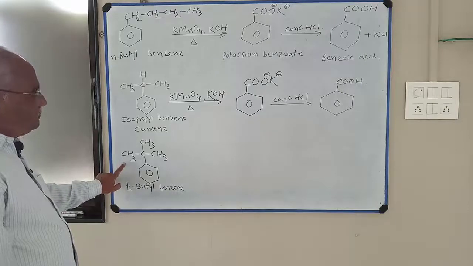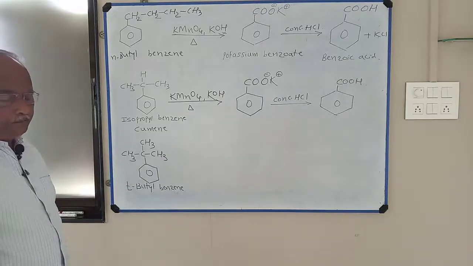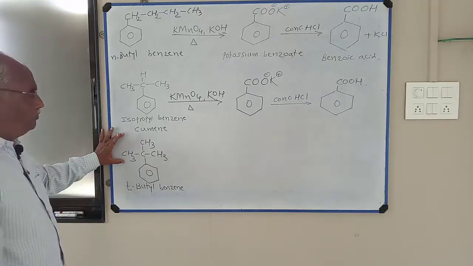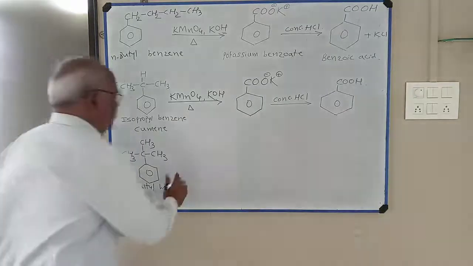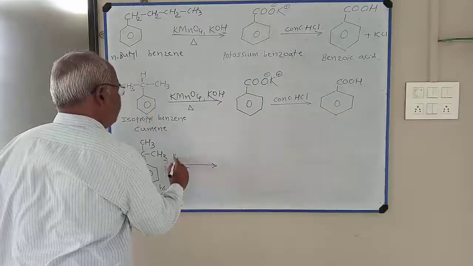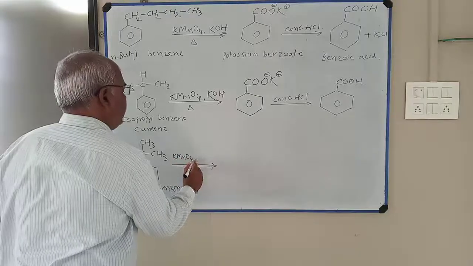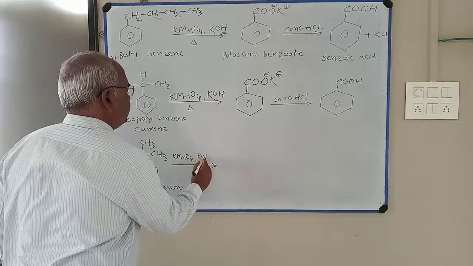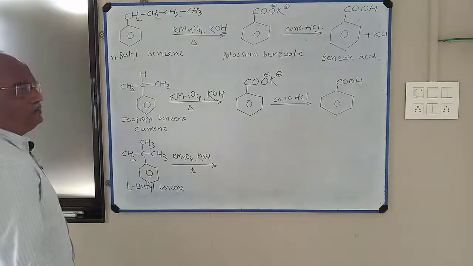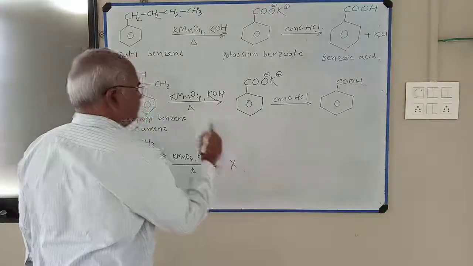Now come to this example, tertiary butyl benzene. This is a tertiary alkyl group and when it is treated with potassium permanganate and alkali in alkaline medium, heating is represented by delta sign, it doesn't undergo oxidation.